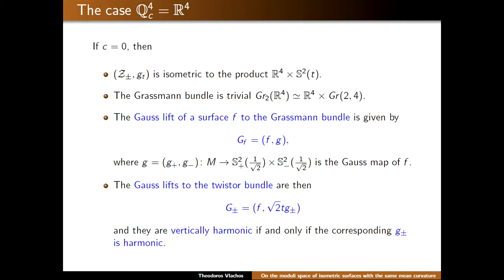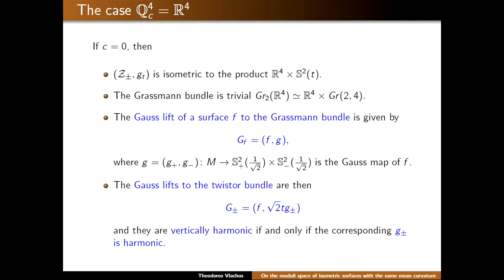In the particular case of Euclidean space, it turns out that the twistor bundle is just this product. The Grassmann bundle is trivial, of course, and this is the Grassmannian. The Gauss lift to the Grassmann bundle is just this pair, where G is the Gauss map of the surface in R4. And the Gauss lift to the twistor bundle is this pair.